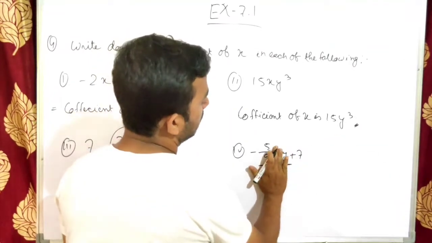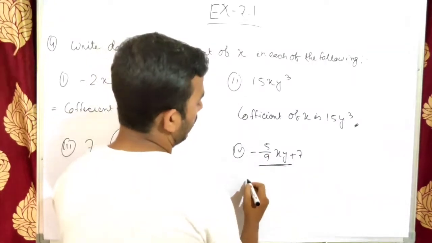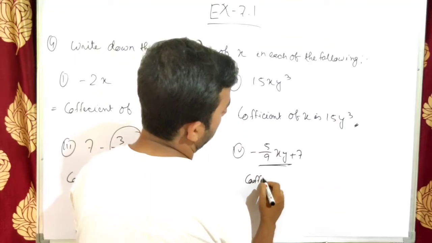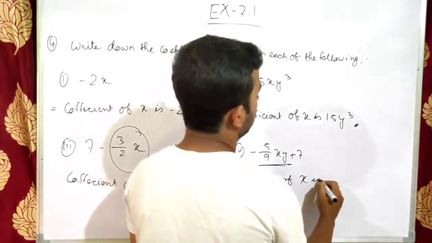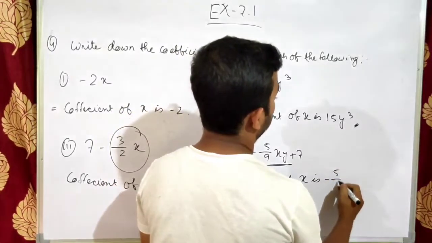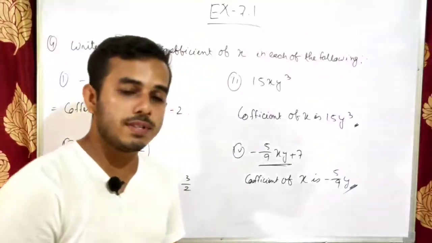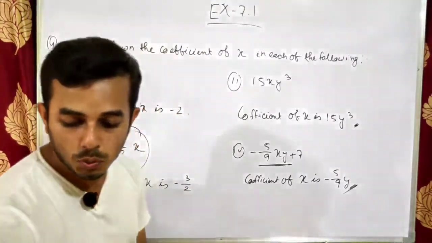Just remove x, and the left portion is minus 5 by 9 and y. So we'll write: coefficient of x is minus 5 by 9 y. I hope this is clear to you, right?